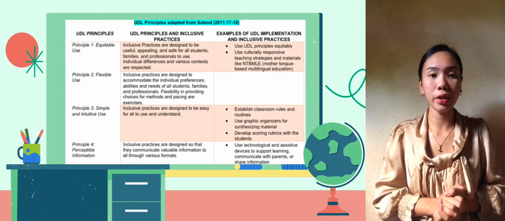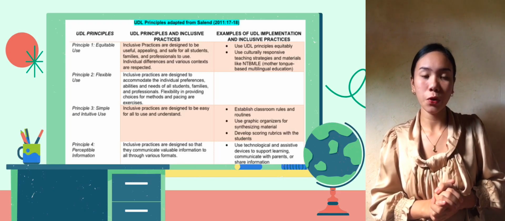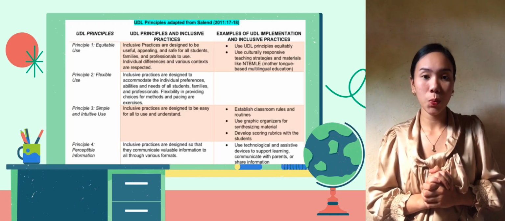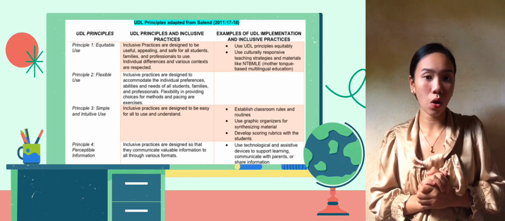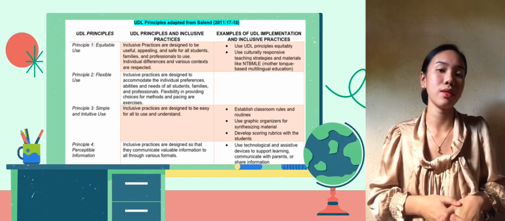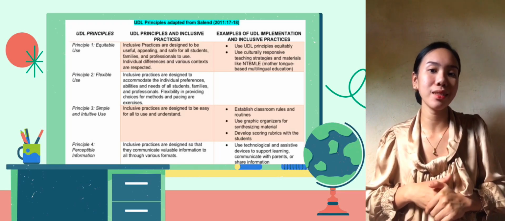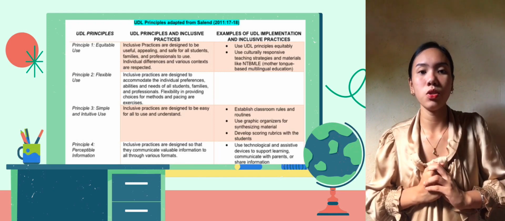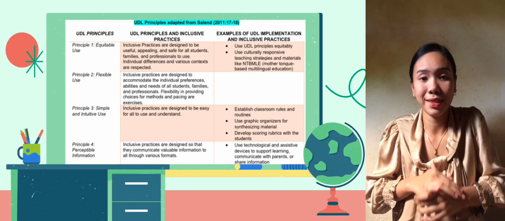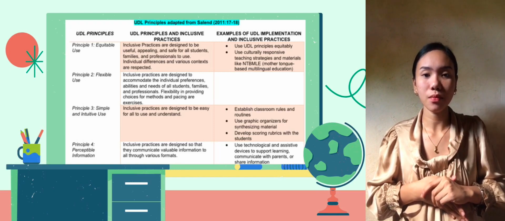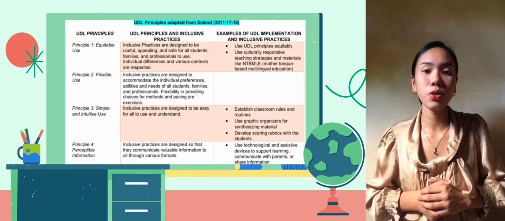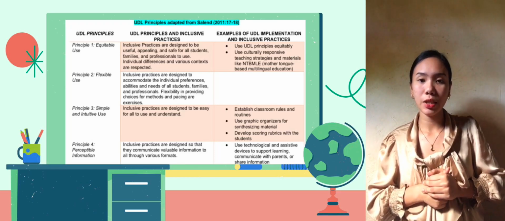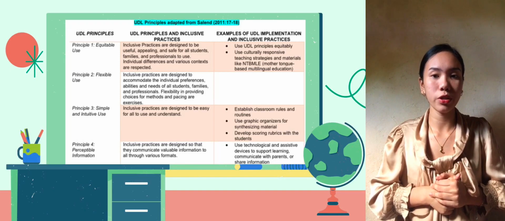So principle number 4 is perceptible information. So inclusive practices are designed so that they communicate valuable information to all through various formats. So it's stated here that it is the practice, how they can communicate valuable information to all through various formats in any ways. And these are the examples. Use technological and assistive devices to support learning, communicate with parents, or share information.